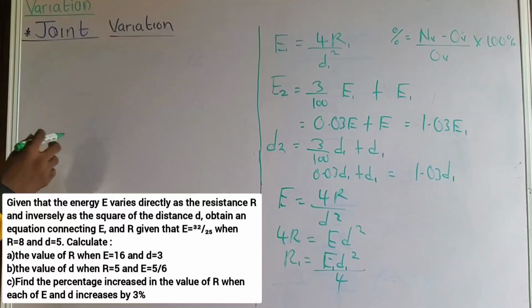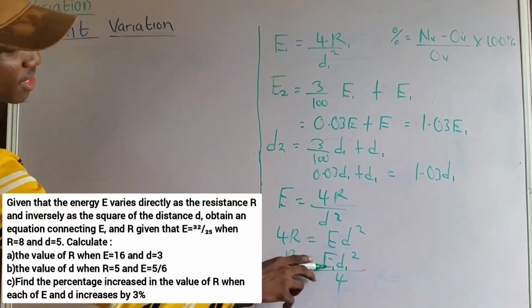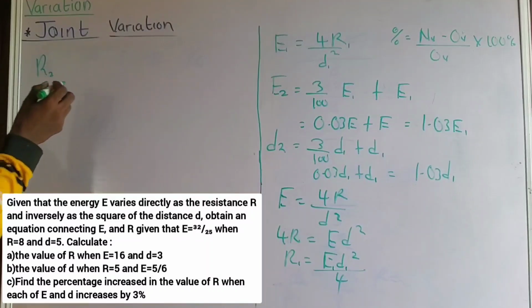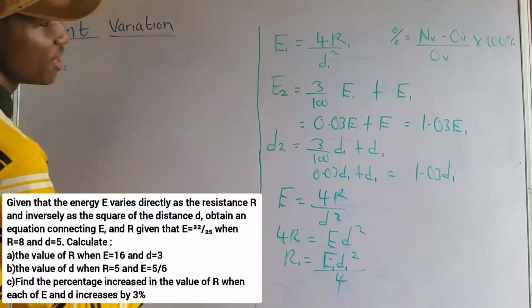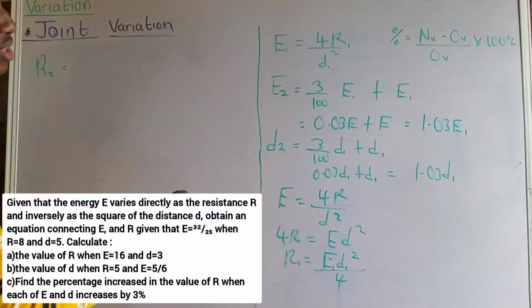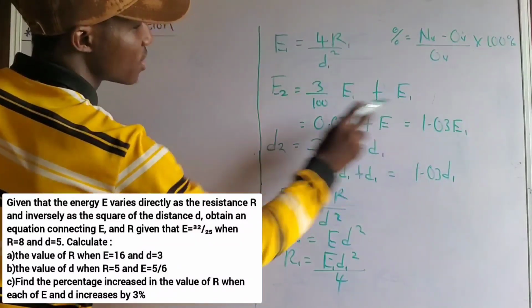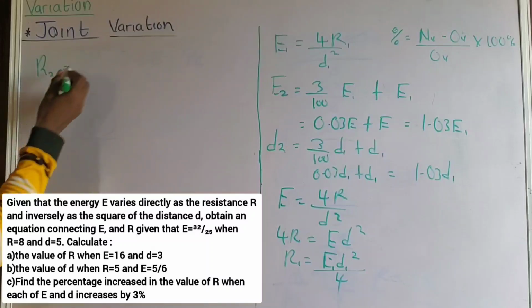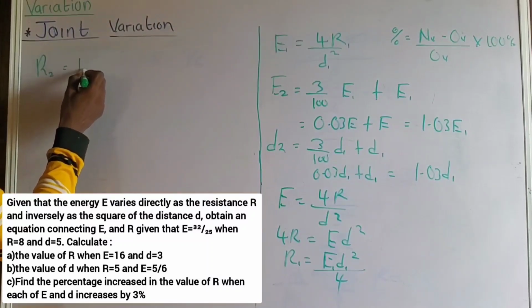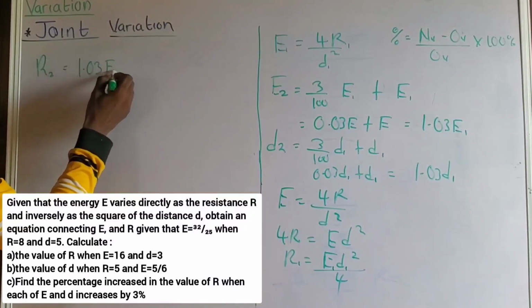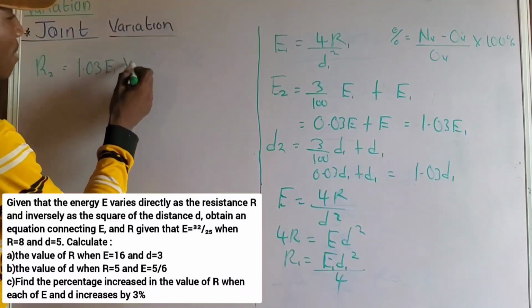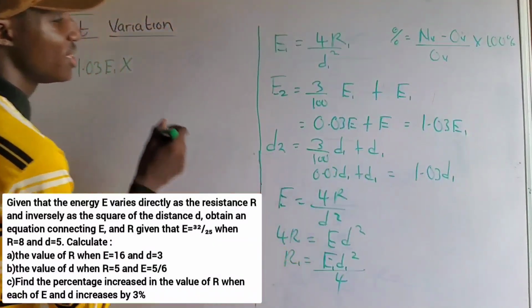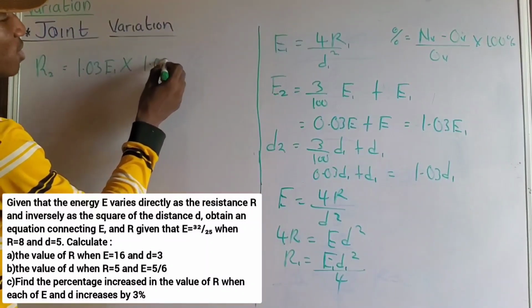Now, let us replace the value of E, the increment. R2, the new value of R, will be E2, which is 1.03 E1, multiplied by D2, which is 1.03 D1.